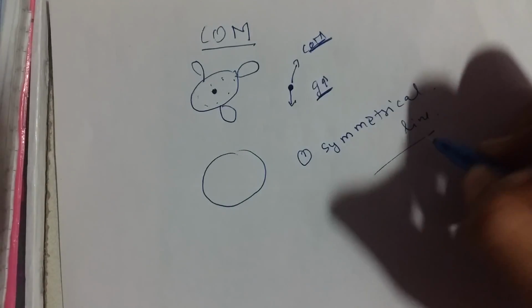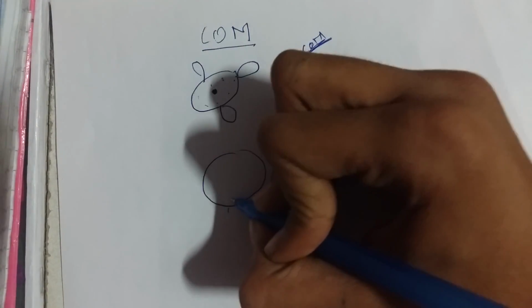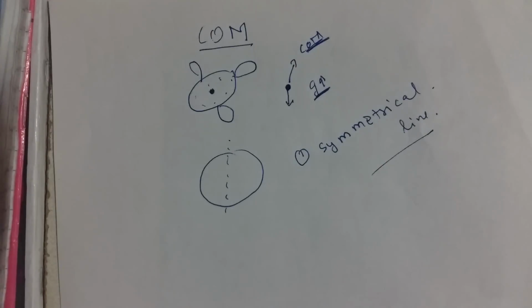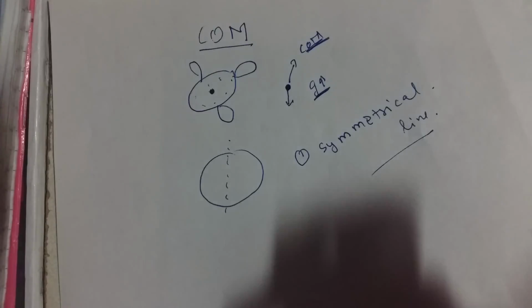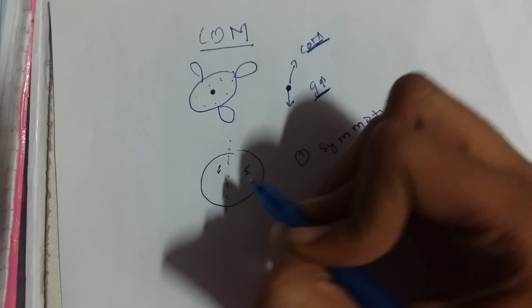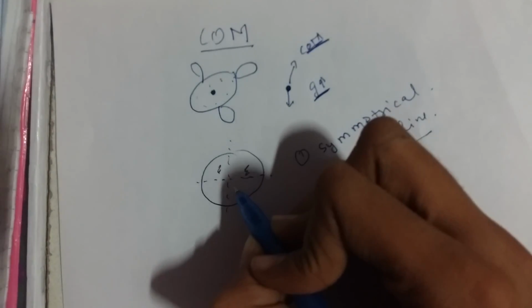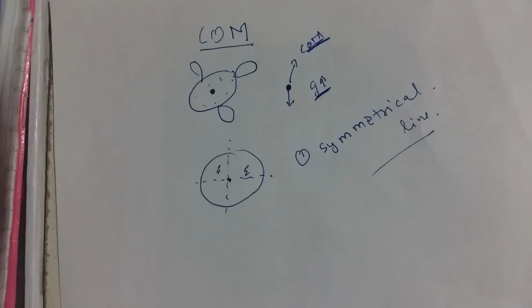What is a symmetrical line? A symmetrical line is a line which divides the object into two parts of equal looking things. So this is equal to this, so the center of mass will lie, make another one, at the center of the circle.